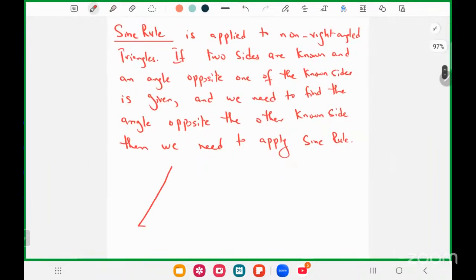So as I mentioned, if two sides are known, let's say this is 8 and this is 7, and we have the angle opposite one of the sides, let's say this angle is given as 70 degrees, and we need to find the angle opposite the other known side, we have to apply the sine rule.